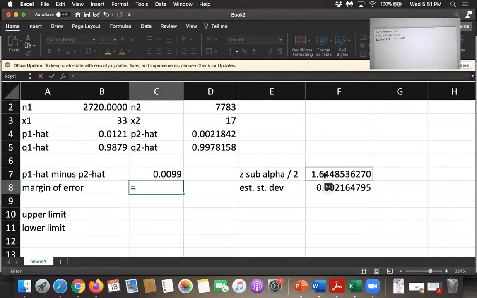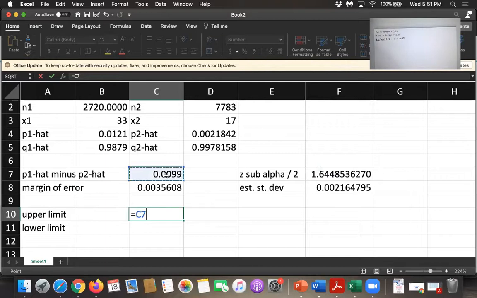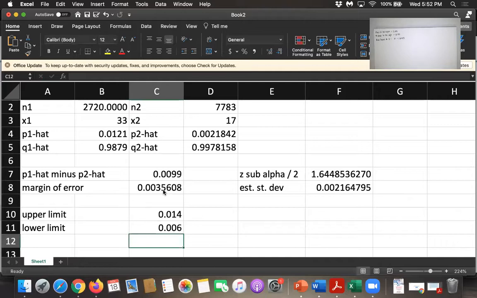So I will type z sub alpha over 2 times this estimated standard deviation, and we get that for our margin of error. The upper limit for a confidence interval is p1 hat minus p2 hat plus the margin of error, and the lower limit is p1 hat minus p2 hat minus the margin of error. If we're rounding to 3 decimal places, we get those two values right there.